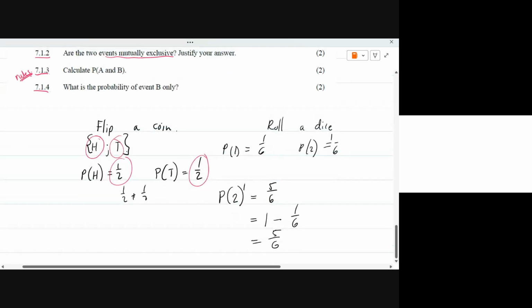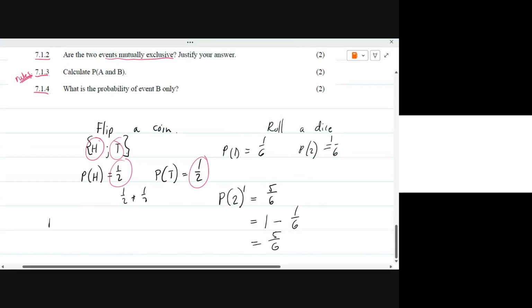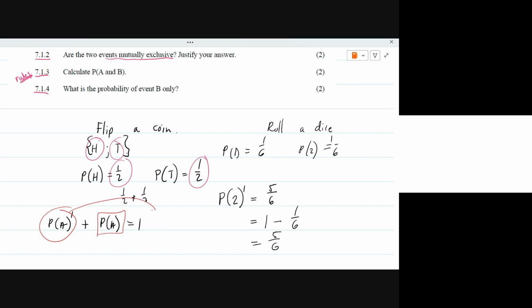So the not of something. If they give us the probability of A not, I know that the probability of A plus the probability of A not must always equal 1, because everything together must equal 1. So if they give me the probability of A not, and I want the probability of A, I can just take the probability of A not and move it to that side, like an equation.